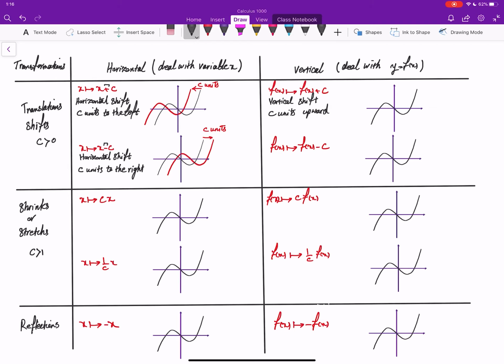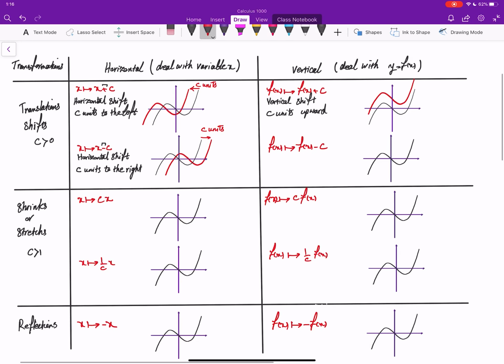So we have to shift the graph upward. Just slide it upward, whatever the c unit is. So from this to that is c units.